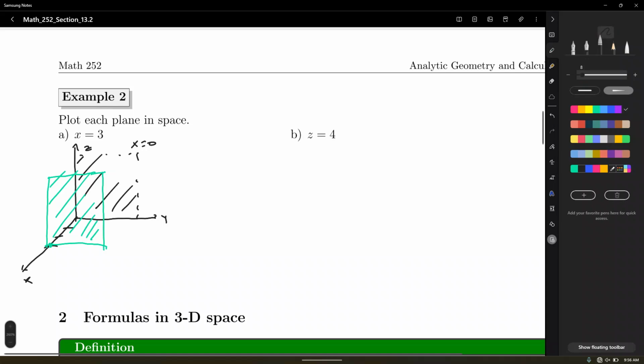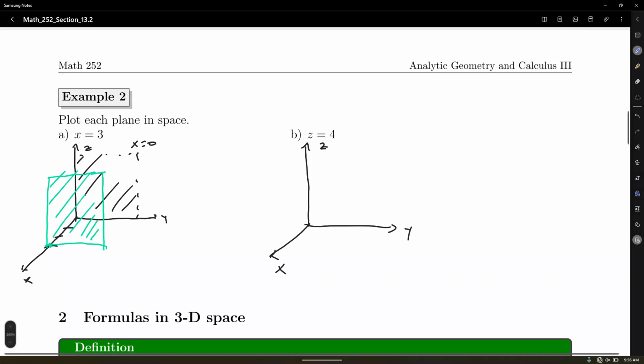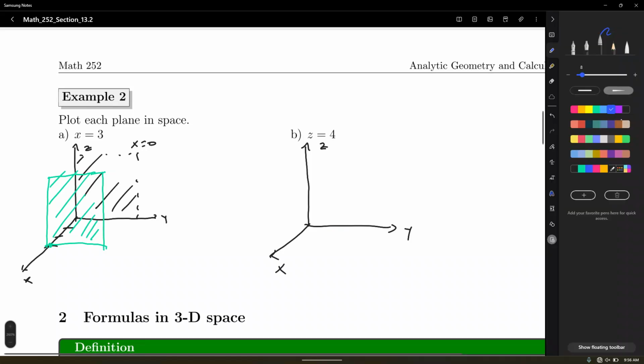Z equals 4. In our perspective, this is going to look like a horizontal plane, but it's not quite. In this case we can't use horizontal or vertical, because now we're taking into consideration all directions, and it's not just x and y. So x, y, and z.